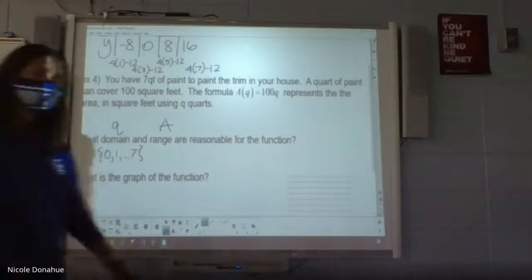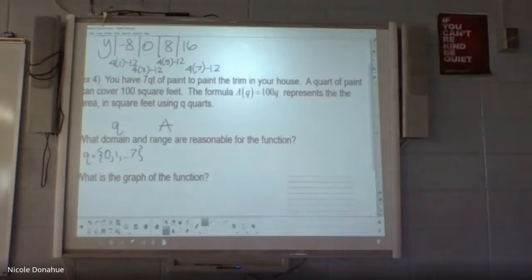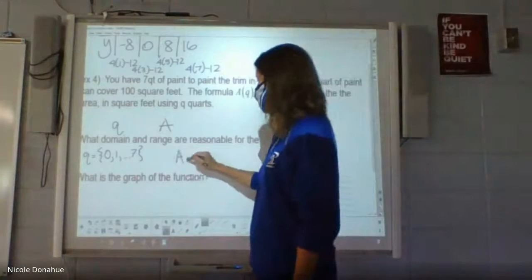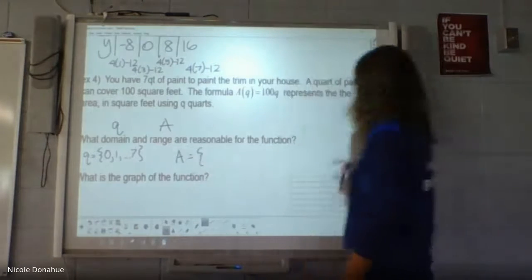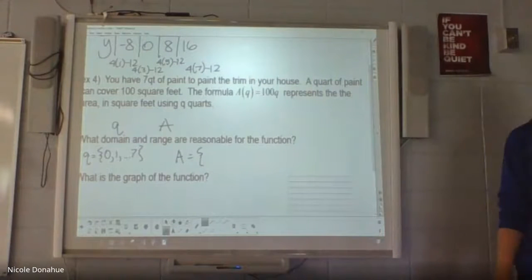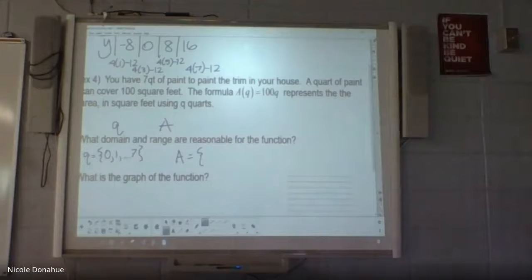Now my range is based off of how much paint I have and how much I can actually paint. And that's going to be the A value. So what am I doing to find A? What does our equation tell us? How do we find our A? What happens if I don't paint at all? What's my area that gets painted? 0.